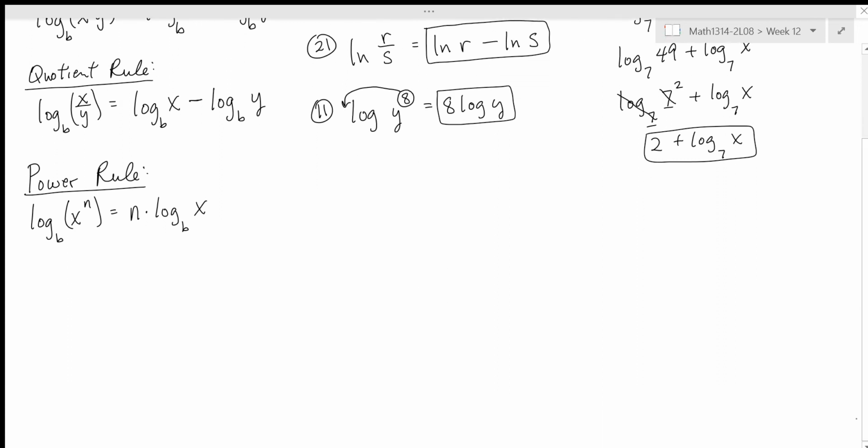Okay, next, let's go to the book and let's do number 26. And number 26, we've got log base b of x squared y over b to the third.